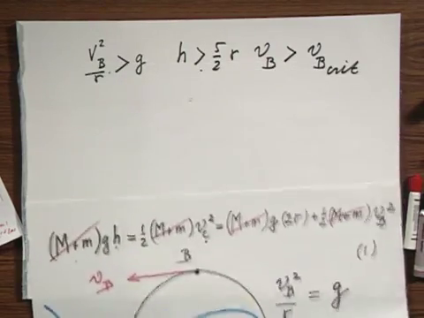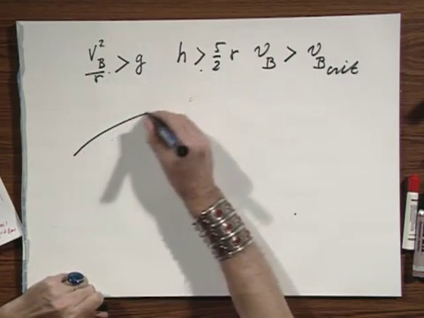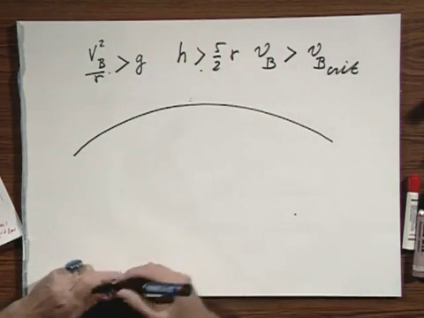If that happens, the track will push down on the roller coaster.